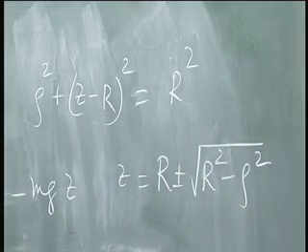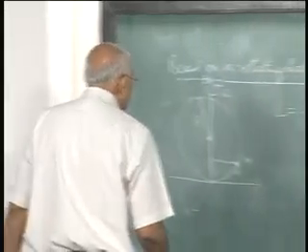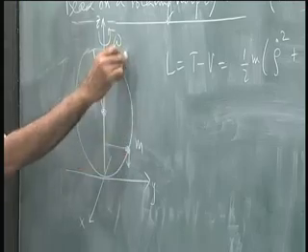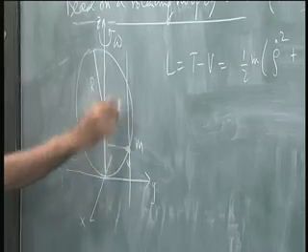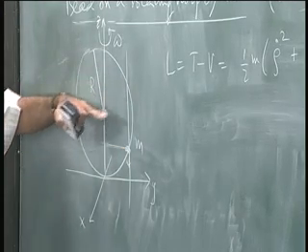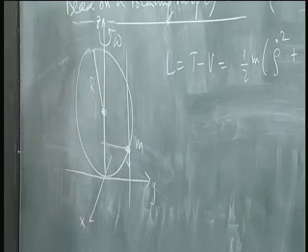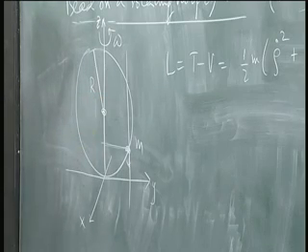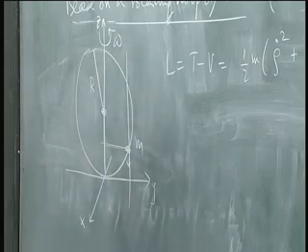There are two roots, and what do they correspond to? Well, it says there are two possible values of z for a given rho. So if you are here at this value of rho, there is this root and this root, one above this halfway point and the other below. We are interested in motion here. So which root should I choose, the plus or the minus?